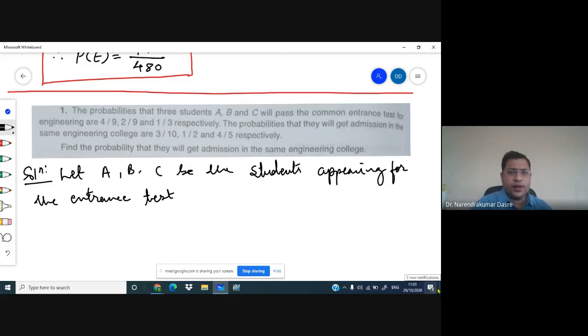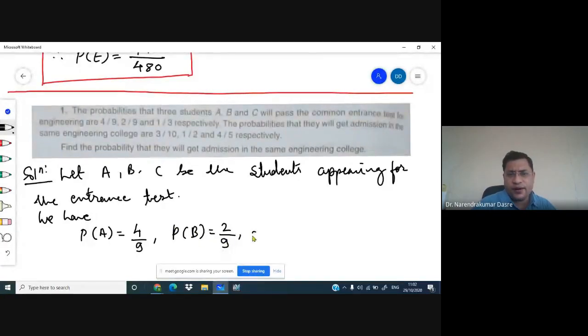Now the probability that A will pass the entrance test is 4 by 9. The probability that B will pass the entrance test is 2 by 9. And the probability that C will pass the entrance test is 1 by 3.